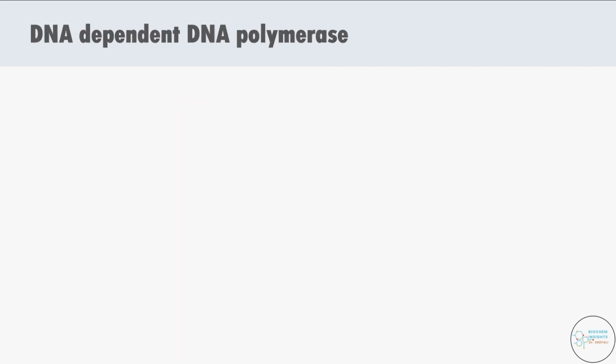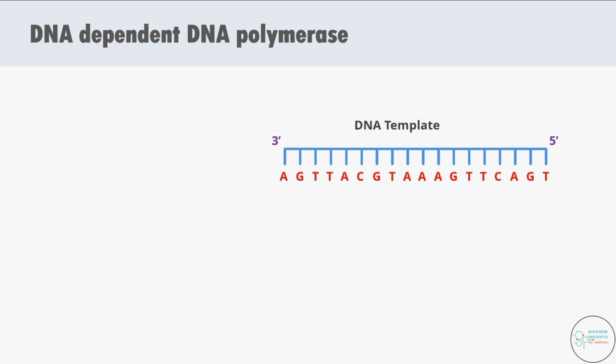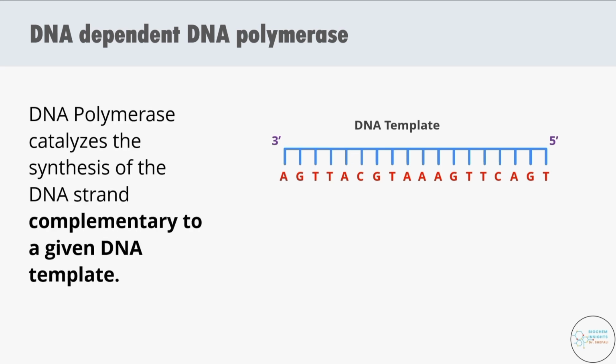DNA dependent DNA polymerase means that DNA polymerase requires a DNA template to catalyze the polymerization of deoxyribonucleotides. In other words, DNA polymerase 3 requires a DNA template against which it synthesizes a new strand, and hence it is called DNA dependent DNA polymerase. You must also remember that DNA polymerase catalyzes the synthesis of a DNA strand complementary to the given DNA template.